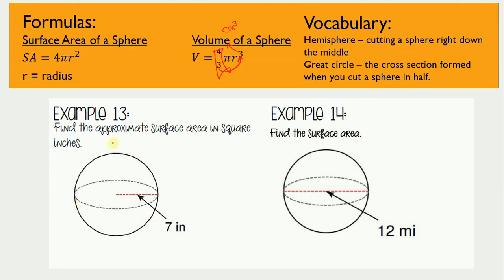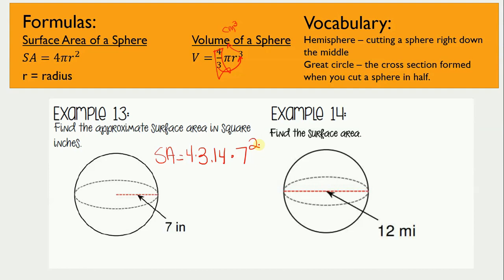So let's find some answers here. Find the approximate surface area in square inches. So I gotta find surface area, so I'm going to use 4 pi r squared. So let's plug it in here. I got surface area equals 4 times my pi, so 4 times 3.14, times my radius squared, so in that case will be 49.